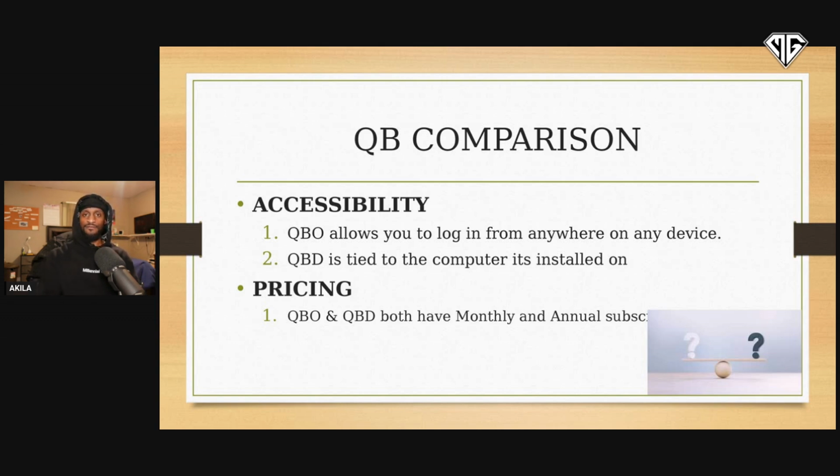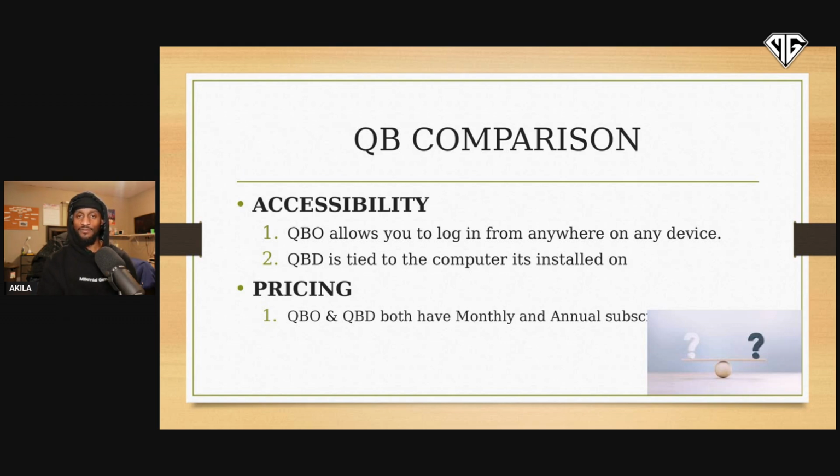All right. So first off, QuickBooks comparison. So first thing is accessibility and mobility. So QuickBooks Online allows you to log in from anywhere, any device. That means you can bring up QuickBooks Online from a tablet, your work desktop, your phone.